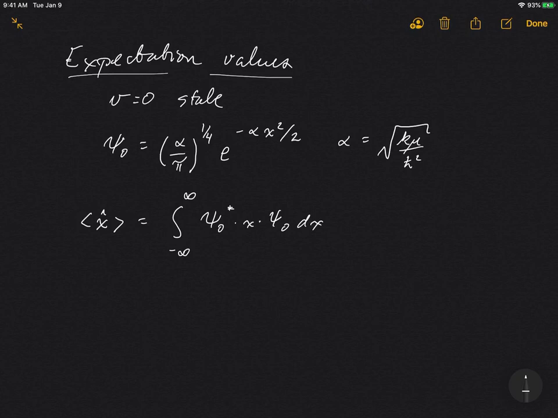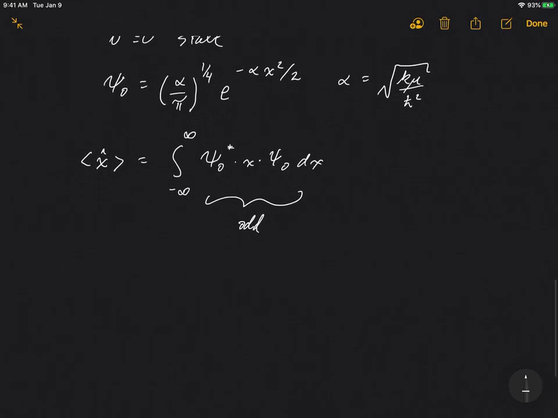So this is an odd function with respect to inversion, with respect to replacing x with minus x. And psi 0 is even. The product of those three functions is going to be an odd symmetric function, and therefore the integral will go to 0.